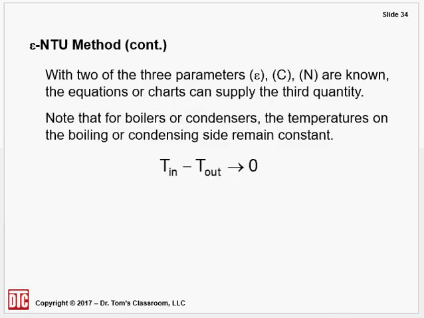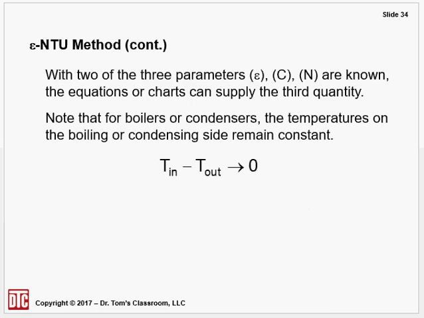Okay, now for boilers or condensers, temperatures on the boiling and condensing side remain constant. That's just from your thermo, right? Going from the saturated liquid to the saturated vapor, that's either the boiling or condensing in that region. The temperature and pressure are not independent.